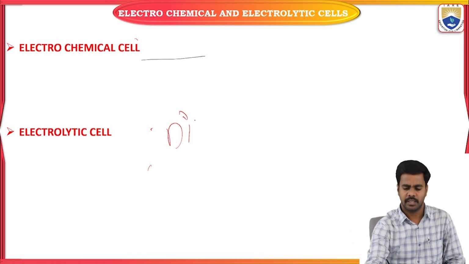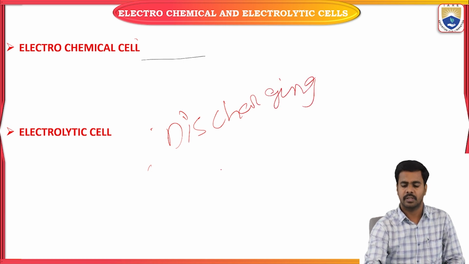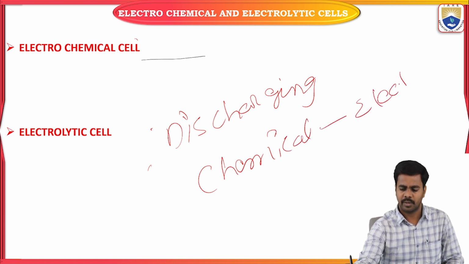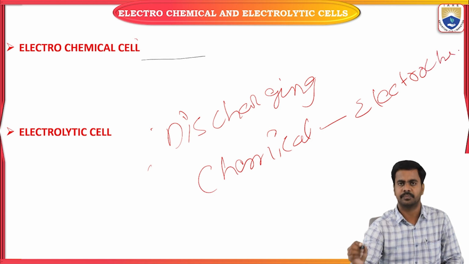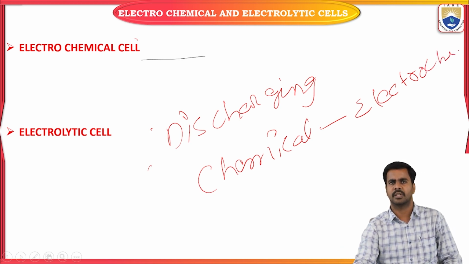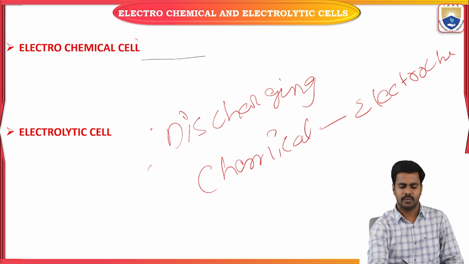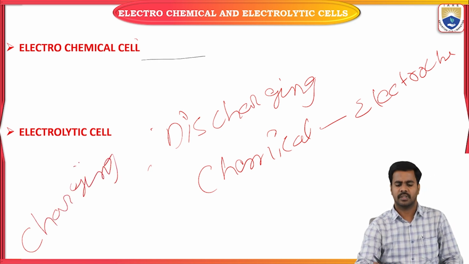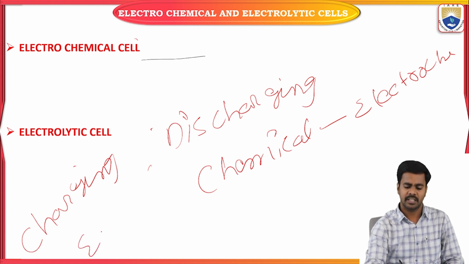So during the discharging process, chemical energy converts into electrical energy, whereas during the charging process, electrical energy converts into chemical energy.